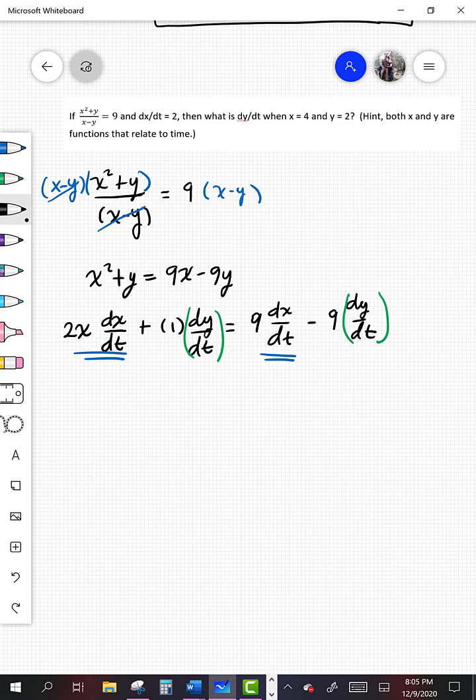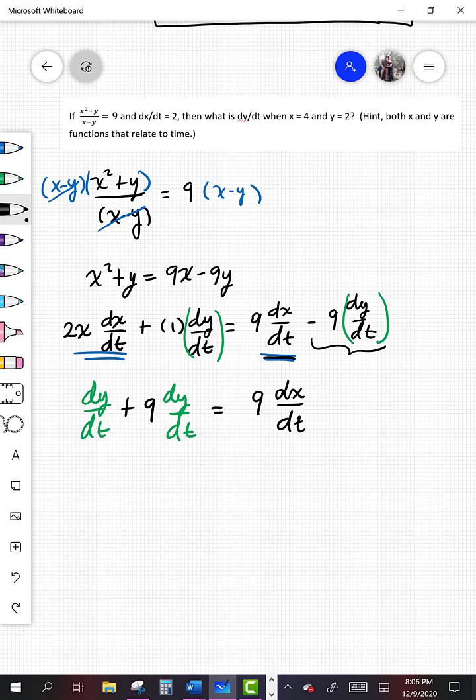So we have 1 dy/dt. Let's add this 9 dy/dt is equal to this 9 dx/dt. And then we need to get this 2x dx/dt to the other side. So this would be minus 2x dx/dt.